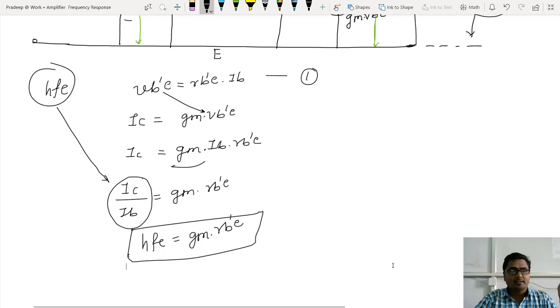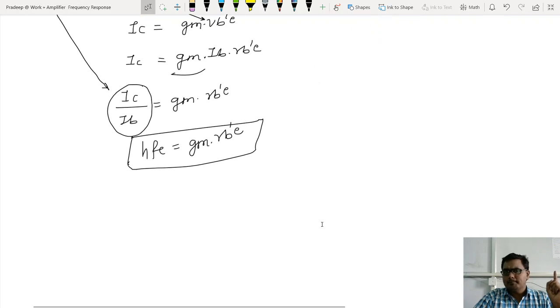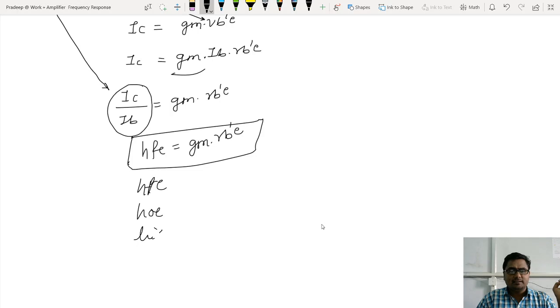See, these are the hybrid parameters that we used at lower frequencies. I have derived only one parameter, HFE, but by using that pi model, you can write equivalent equations for HFE, then HRE, HOE and HIE.